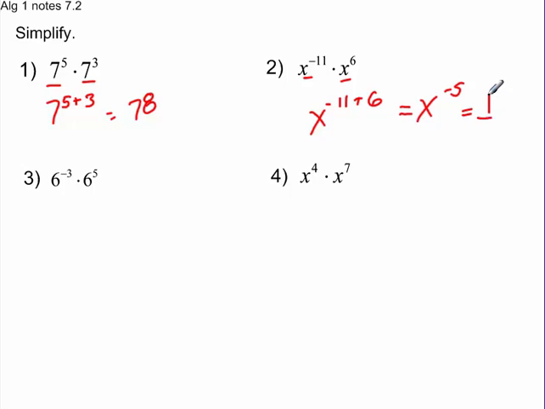Don't leave it like that, which is 1 over x to the 5th. Reciprocal. Same base, 6 to the negative 3 plus 5, which is 6 squared. And our final one, x to the 4 plus 7 equals x to the 11th.